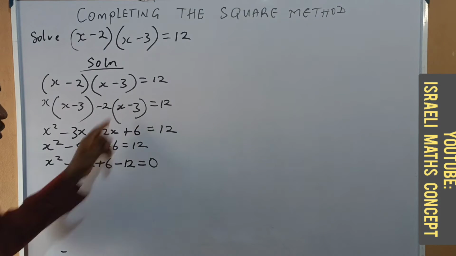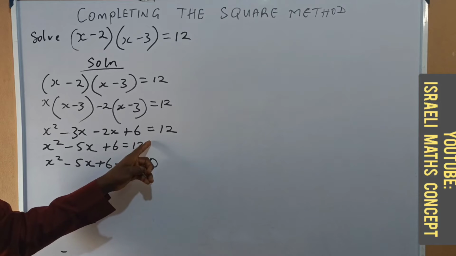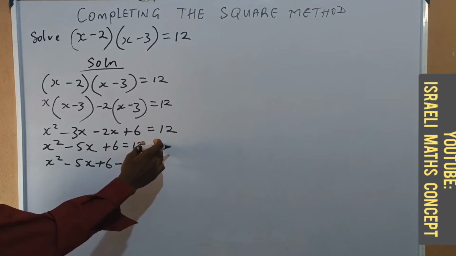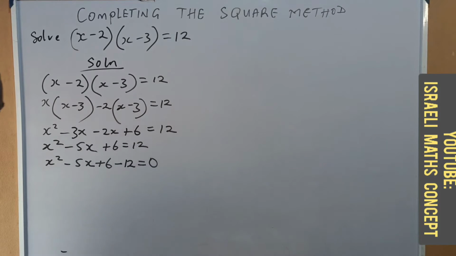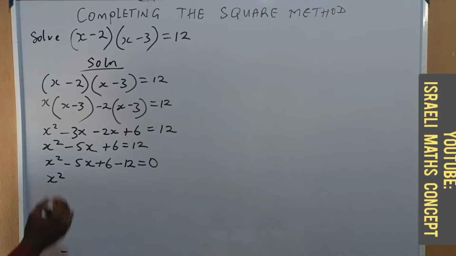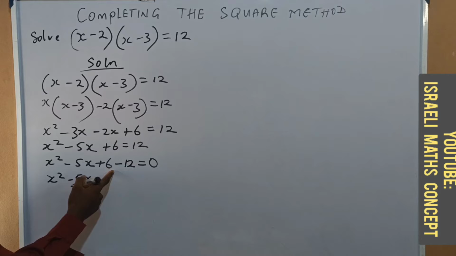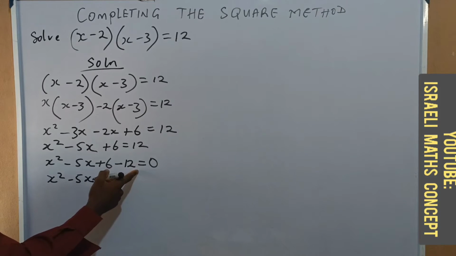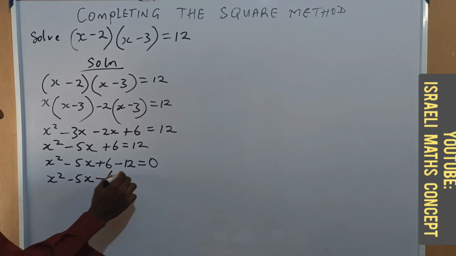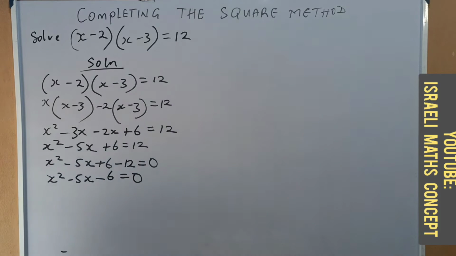Because taking 12 to this other side of the equation, there is nothing remaining on the right hand side again, hence we call it 0. Then we have x squared minus 5x, then positive 6 minus 12 is going to give us negative 6, and that is equal to 0.